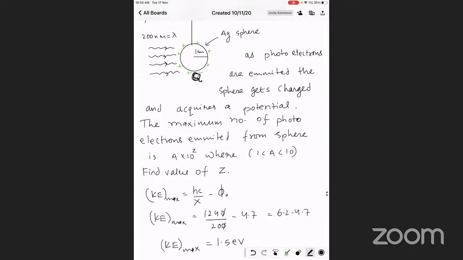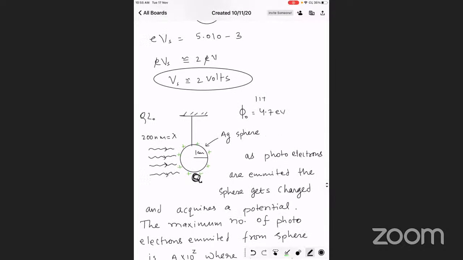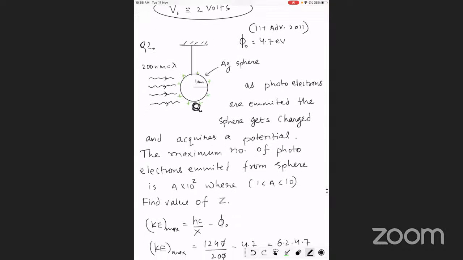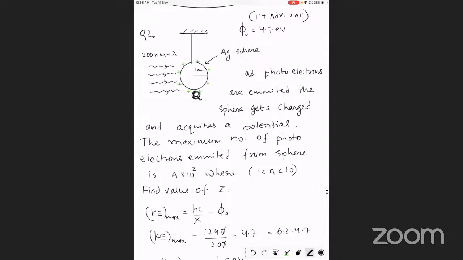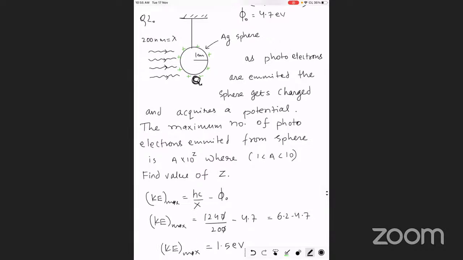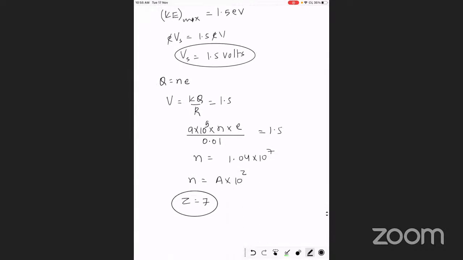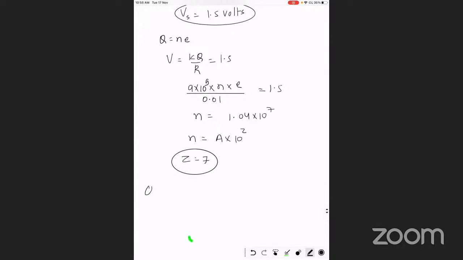This question is from IIT Advanced 2011. So you can get a simple idea what kind of integer question is coming or will be coming in the IIT exam from modern physics. The level of question is very low. These questions are very easy, right? Let's move towards the next question.